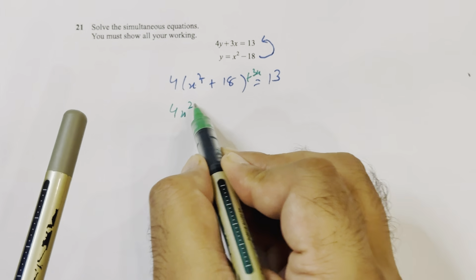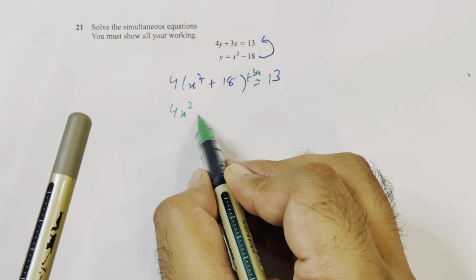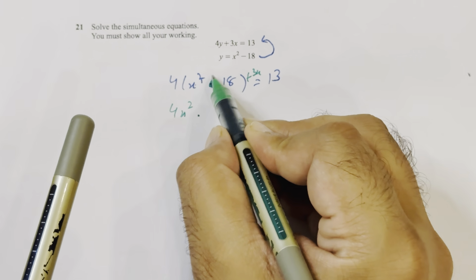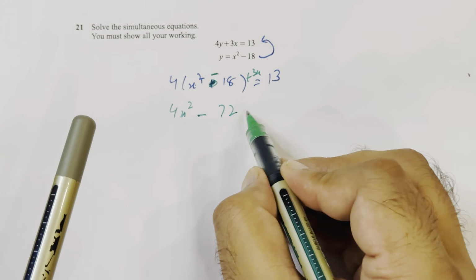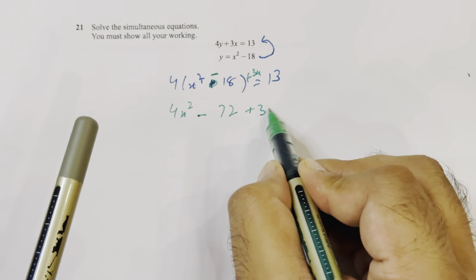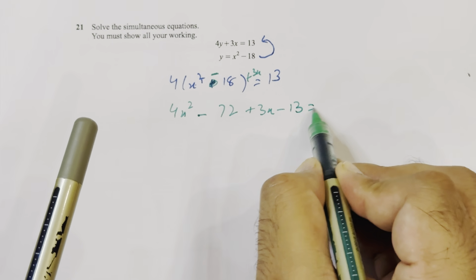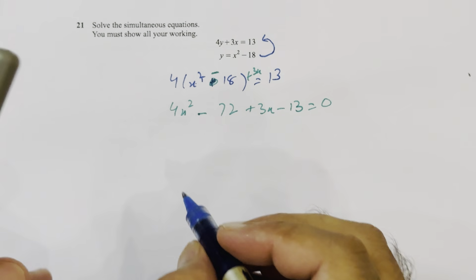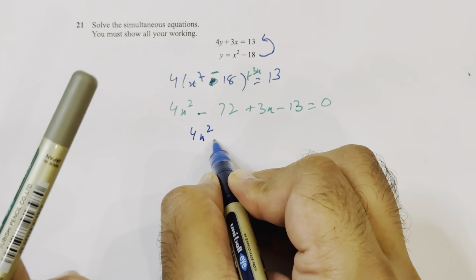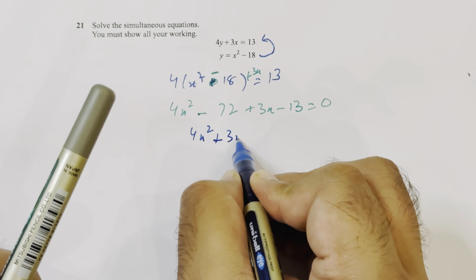You get the value 4x squared, x squared minus 18. So minus would be 472, then it would be 3x, then it would be minus 13 equal to 0. After rearranging and solving the equation, we get the value 4x squared plus 3x minus 85.